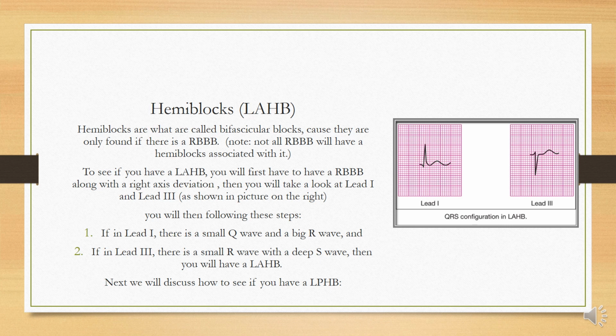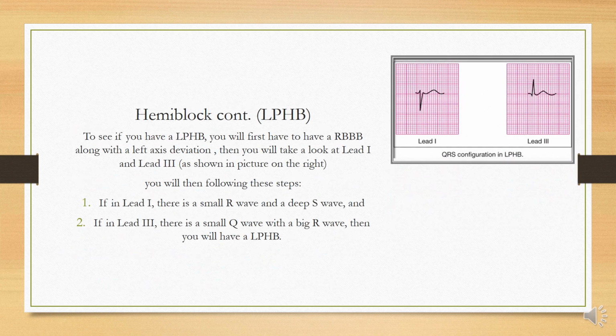So now let's take a look to see if we have a left posterior hemiblock. If we see, as shown here, a small R and a deep S in lead 1 and a small Q, big R in lead 3, then we have a left posterior hemiblock.